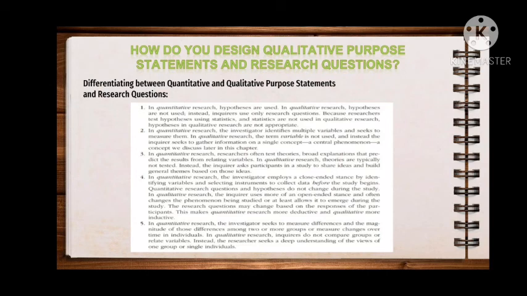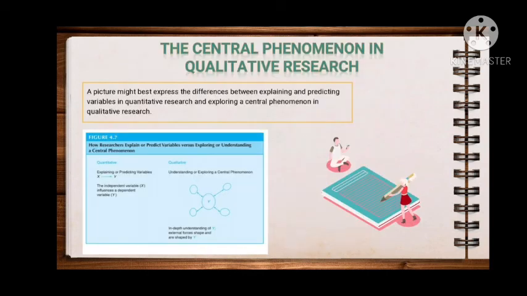The next, the central phenomenon in qualitative research. You look at the picture or figure. This figure expresses the difference between explaining and predicting variables in quantitative research and exploring a central phenomenon in qualitative research.